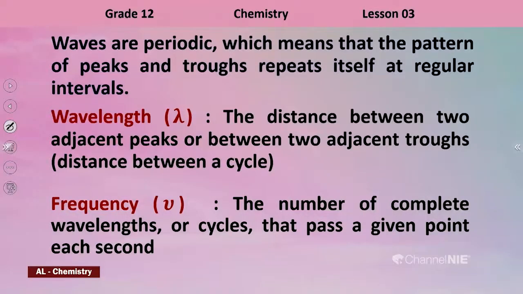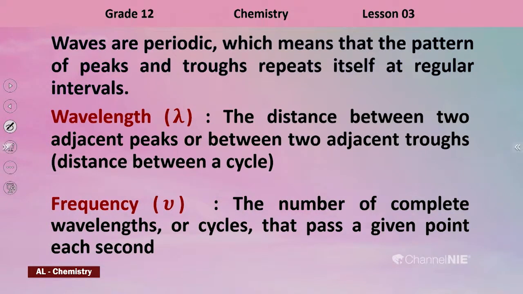Okay students, from what we have already discussed, you have those two terms, wavelength and frequency. Wavelength is the distance between two adjacent peaks or between two adjacent troughs. Troughs are the bottoms of those peaks that you could find there earlier. Lambda stands for wavelength.